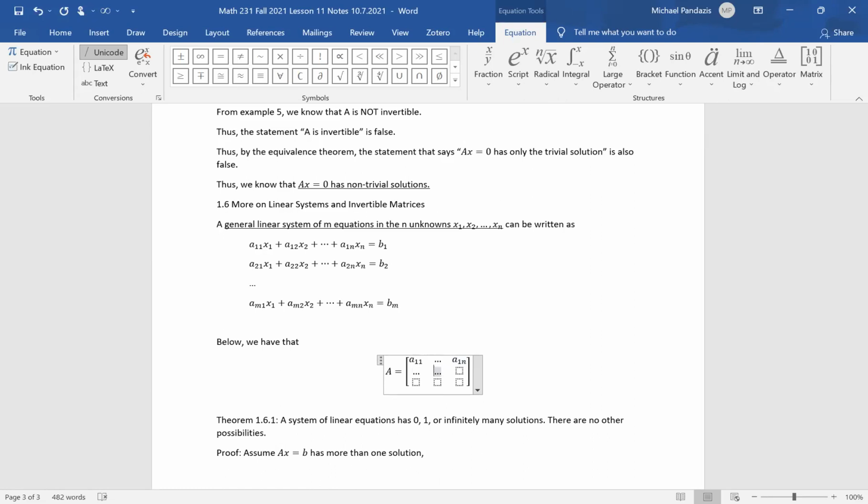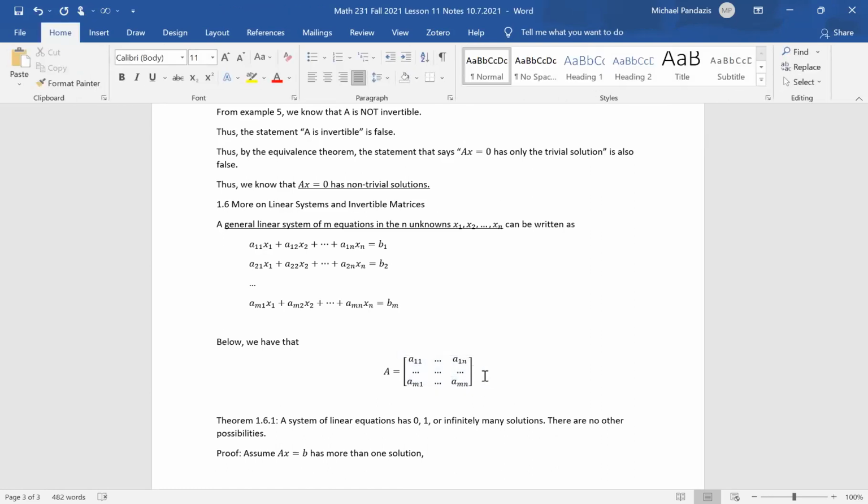There are going to be entries in between everywhere, so I have to put in the corner ones. And then this is Am1, and this is Amn. So that would be the matrix A for a general linear system.